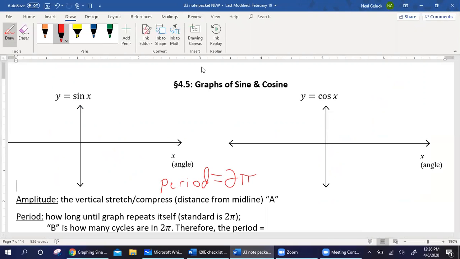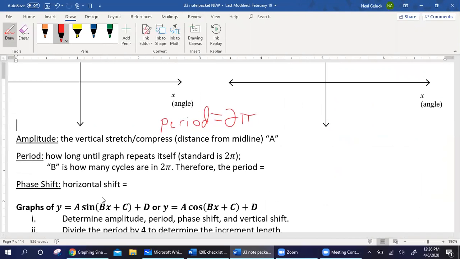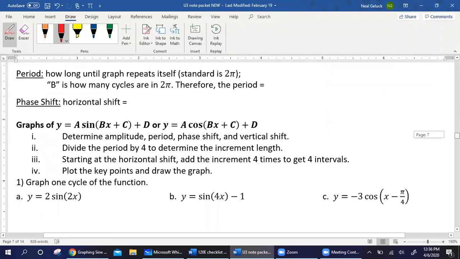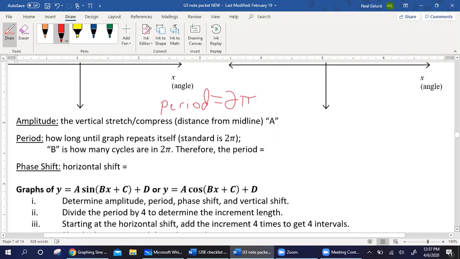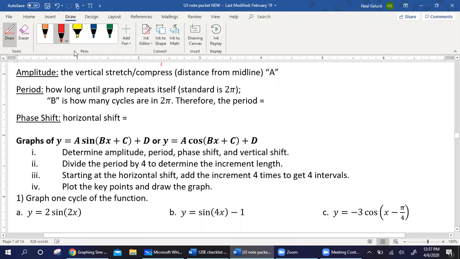Now, just like we talked about early on in the semester, we can stretch stuff, we can compress it, we can shift things. We're going to do those same things with sine and cosine. We have some different names for them, sorry, but the ideas are similar.